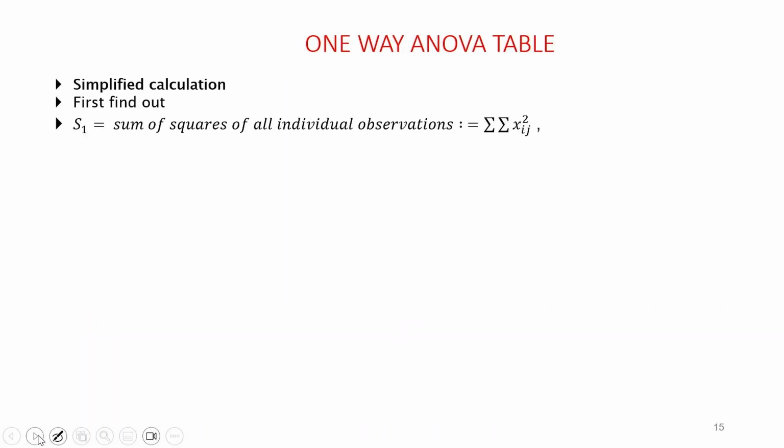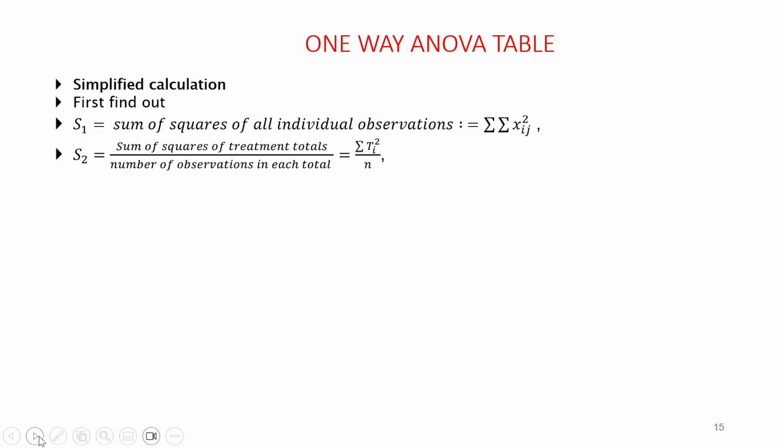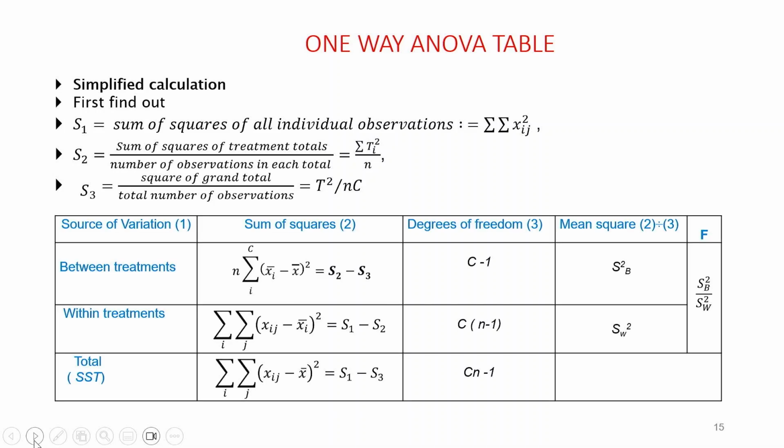Now, to simplify the calculation, just to save some time, but today because computers and software are there, these may not be required at all. But if you want to do the calculation manually using a calculator, then just to simplify the calculation procedure, we first find out the value S1, which is the sum of squares of all individual observations.